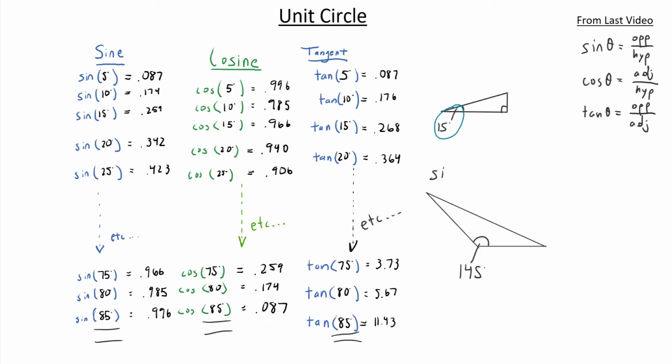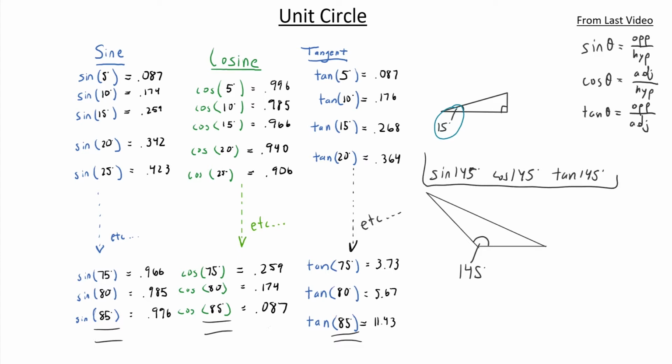So you think it would be impossible to do the sine, cosine, or tangent of 145 degrees. But if you actually put these into your calculator, you will get an answer, a number. You won't get a calculator error or something like this.